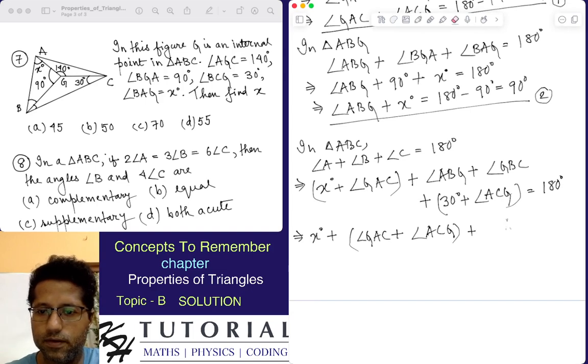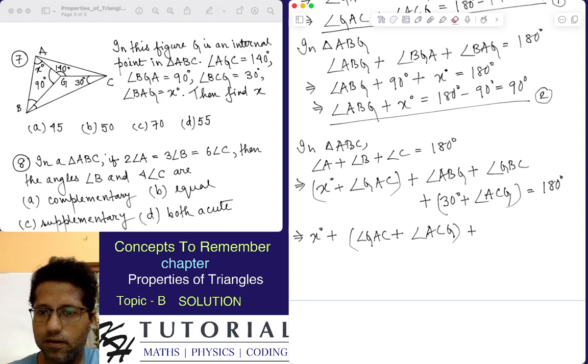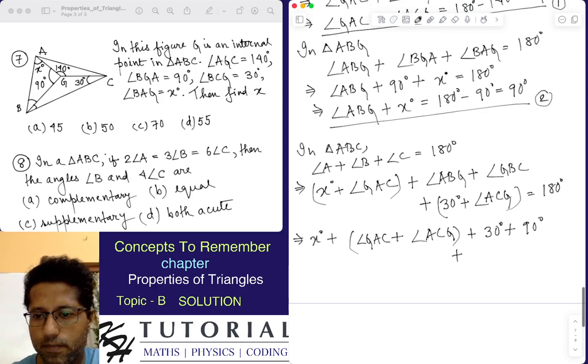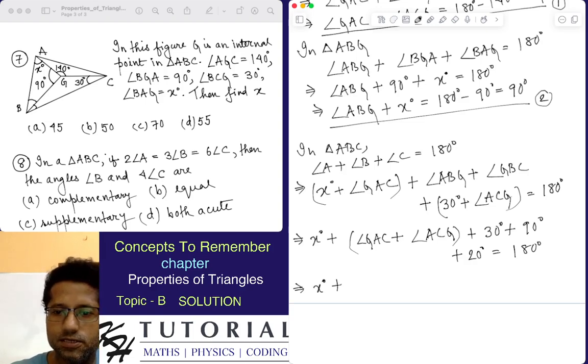Now what we are left with is, we have combined GAC and ACG. So we have this 30 degree left, and we have angle ABG, which is 90 degree. We have left angle GBC. What is angle GBC? GBC angle we have already found to be 20 degree. This is equal to 180 degree. Now this implies this is x degree, and what is angle GAC plus ACG?